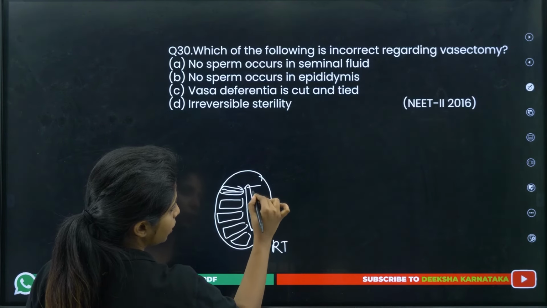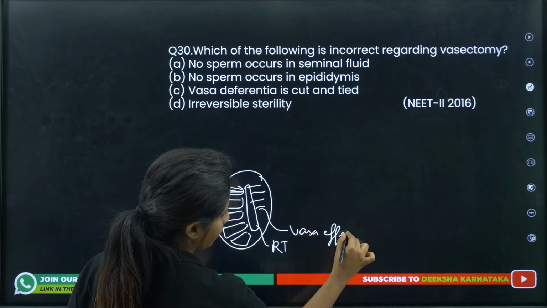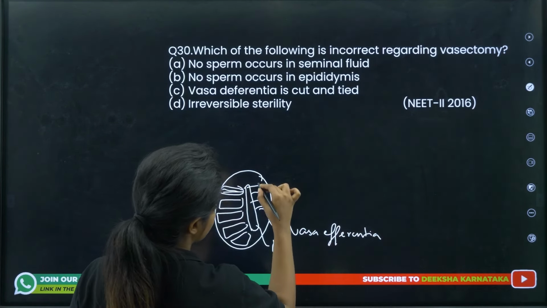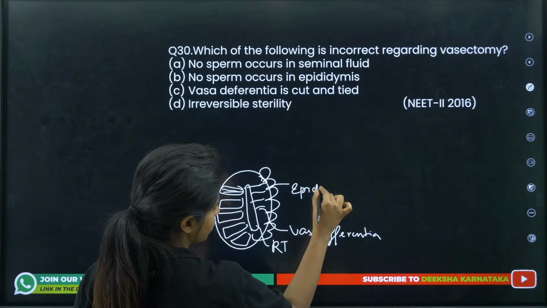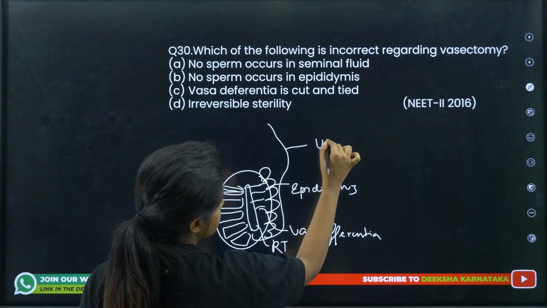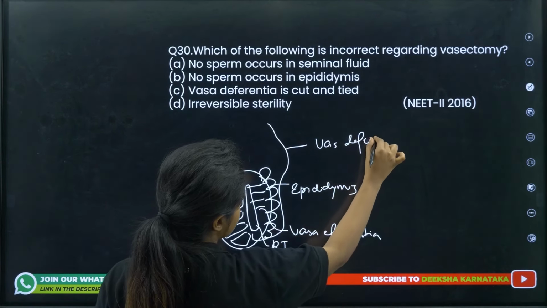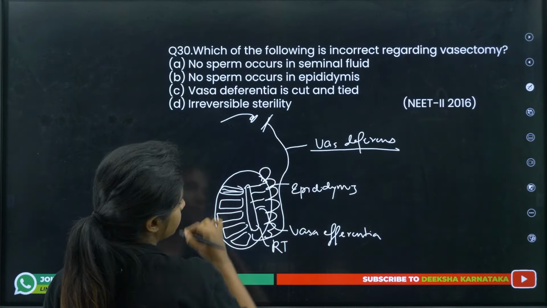Rete testis opens into vasa efferentia. Vasa efferentia opens into epididymis. And epididymis basically opens into vas deferens. In the case of vasectomy, this vas deferens is cut and it is tied.